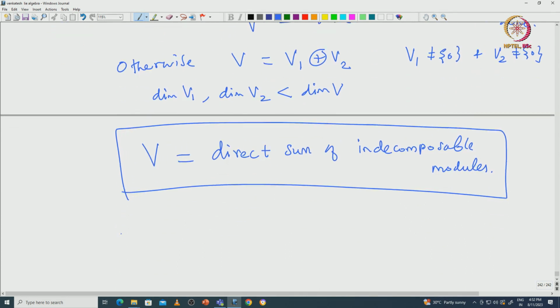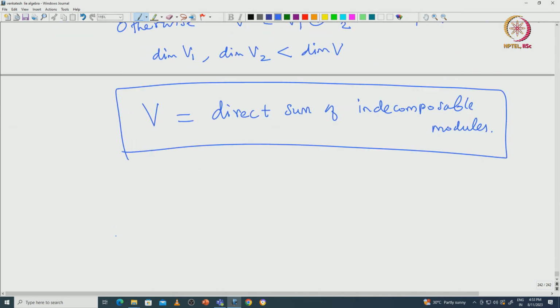This is a very important thing in representation theory, to determine what all the indecomposable modules are. So, let me give one example and then stop.